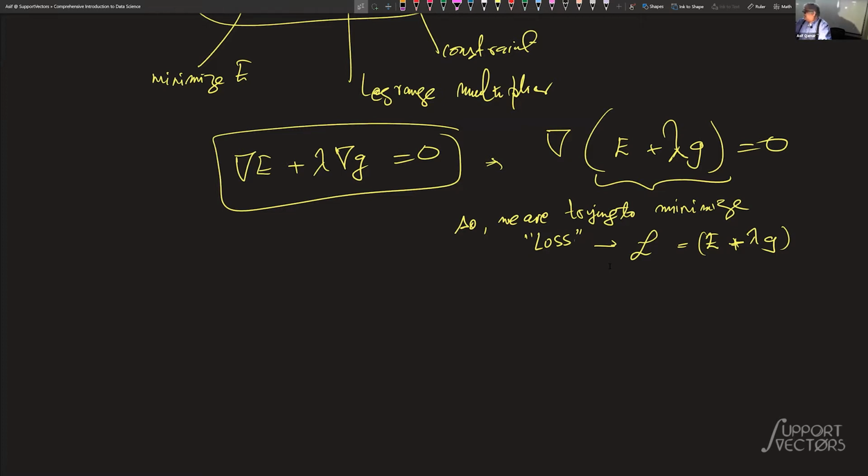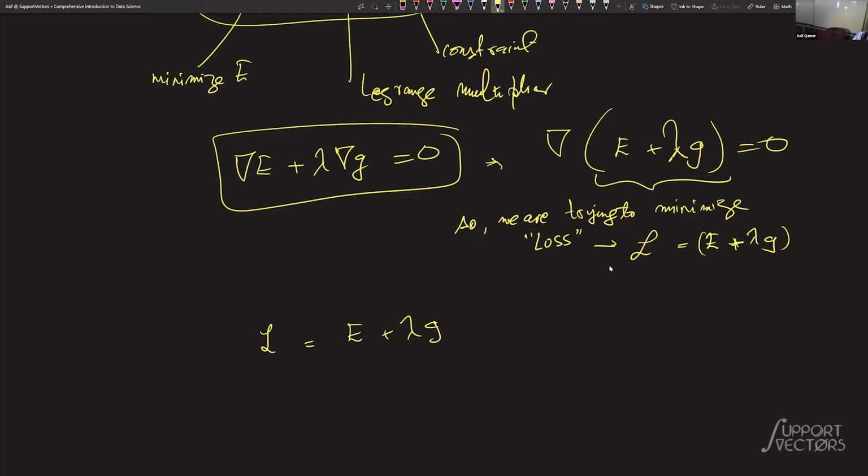So once you understand this idea, for the rest of all the discussions that we'll do in machine learning class, I'll assume that you understand constraint optimization, right? Because we'll reuse this idea at many, many places. Here, we will write loss is equal to E plus lambda G, right?